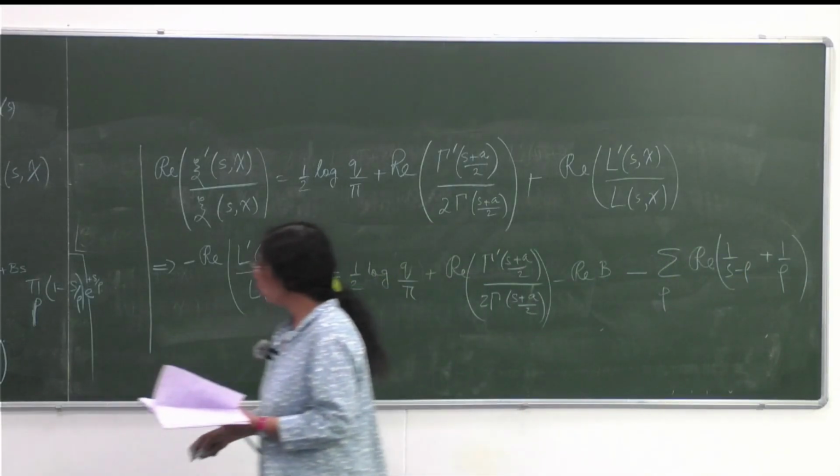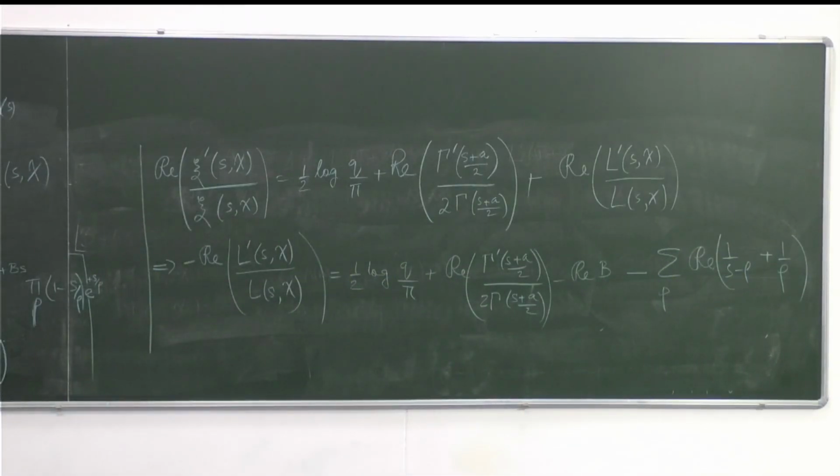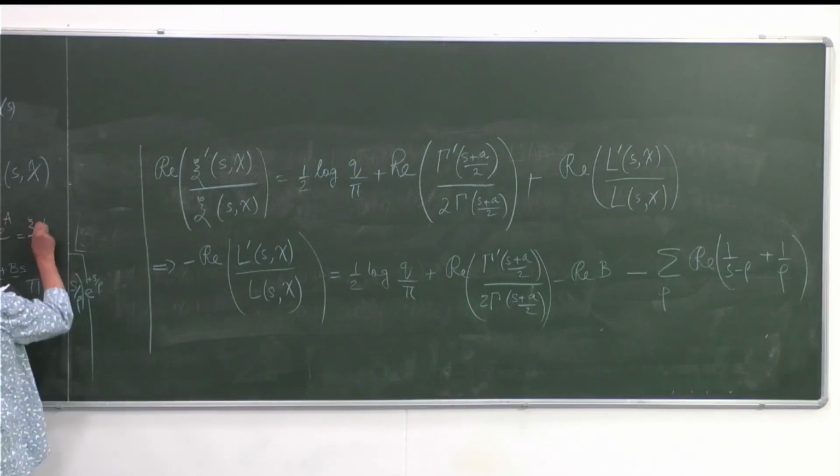One thing that I should tell you is that when you write the completion here, we know something about this A and B. So e to the power A is equal to xi(0, chi).